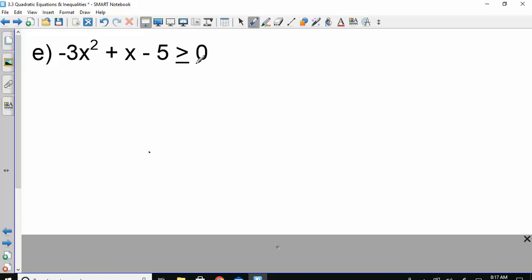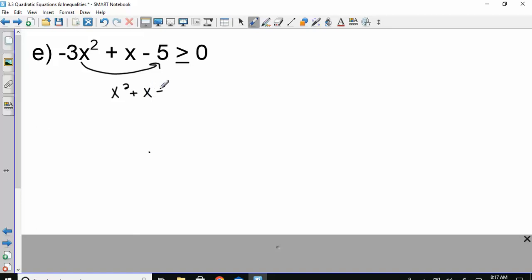If you wanted to start out making this positive, you can multiply everything by a -1. If you multiply by a negative, what happens to your inequality? It will flip. If you're going to try slip and slide, do you have to multiply by that negative first? No, you could just try your slip and slide, so both options work.